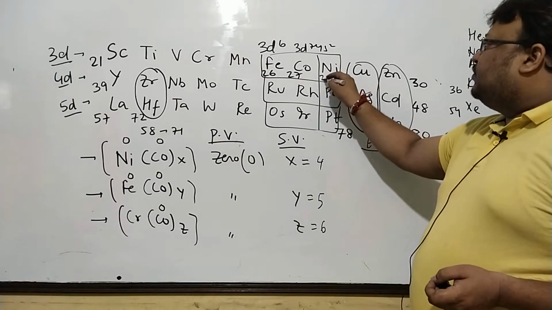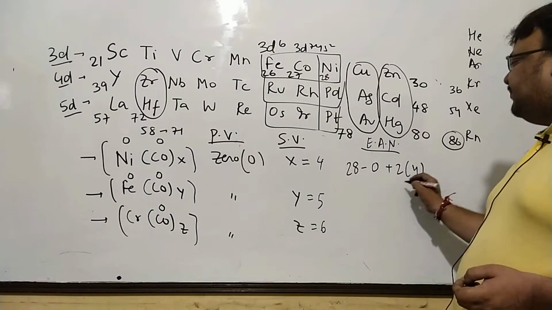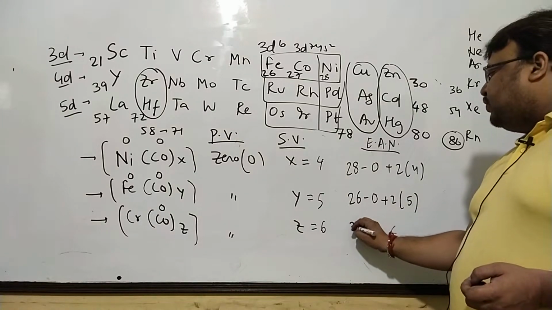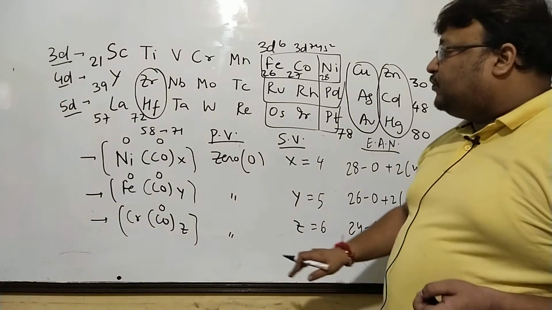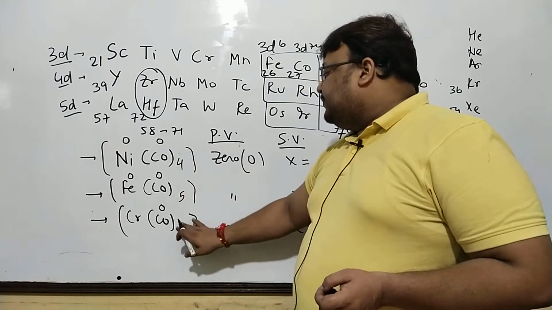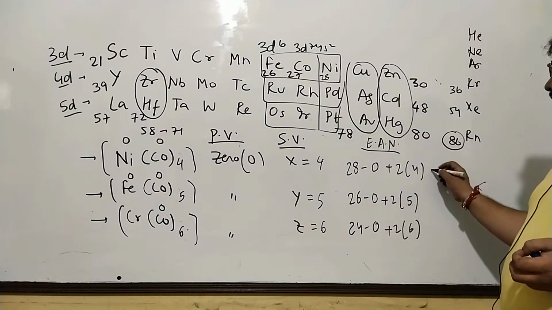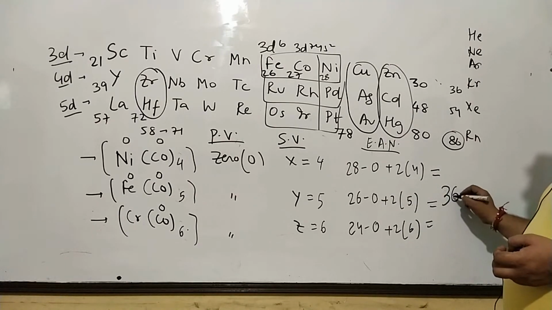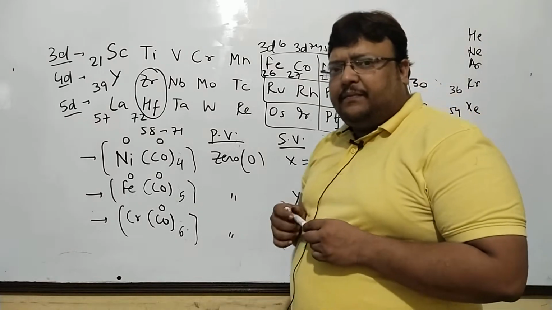Nickel is 28, so 28 minus 0 plus 2 times 4; iron is 26 minus 0 plus 2 times 5; and chromium is 24 minus 0 plus 2 times 6. I repeat, this was tetracarbonyl, this was pentacarbonyl, and this was hexacarbonyl. Naturally 28 plus 8, 26 plus 10 and 24 plus 12 are all equal to 36, which I've already told you is an inert gas electronic configuration.